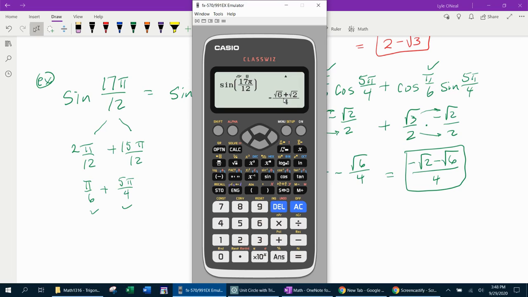What the calculator did is it actually factored the negative out of the numerator and stuck it out in front. So when you have a negative in front of the fraction, that negative is meant to apply to both terms in the numerator. So either one of these answers is correct. They're numerically equivalent, okay?